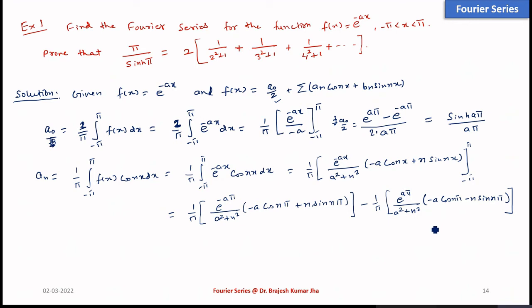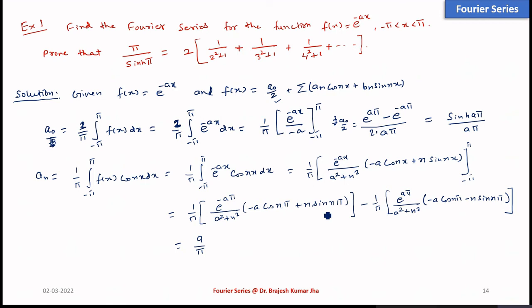Okay, what is the value of sin n pi? Sin n pi is 0. Okay, what is the value of cos n pi? It fluctuates between -1 and 1. So can I write here, it is going to be a upon pi.